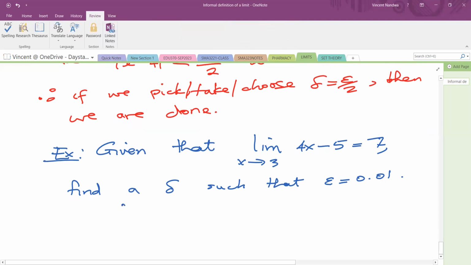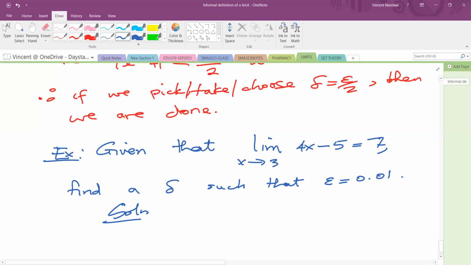So a quick solution for this will be: let epsilon greater than 0 be given.